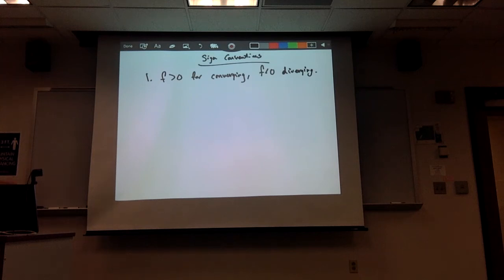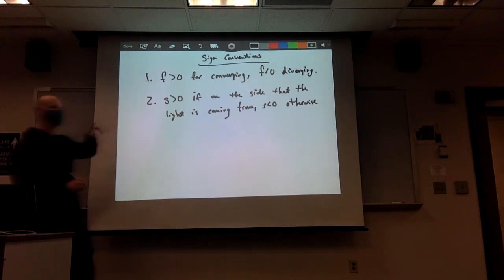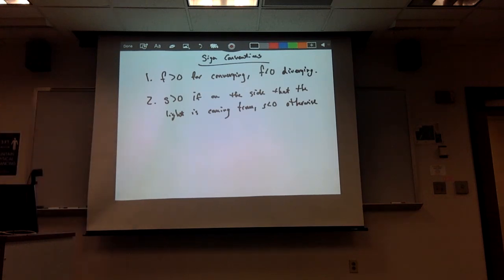Second, the object distance is positive if on the side that the light is coming from, negative otherwise. Same remark as last time: this will pretty much always be true for a single lens, just like for a single mirror. But once we start combining these things together, this won't always be true.